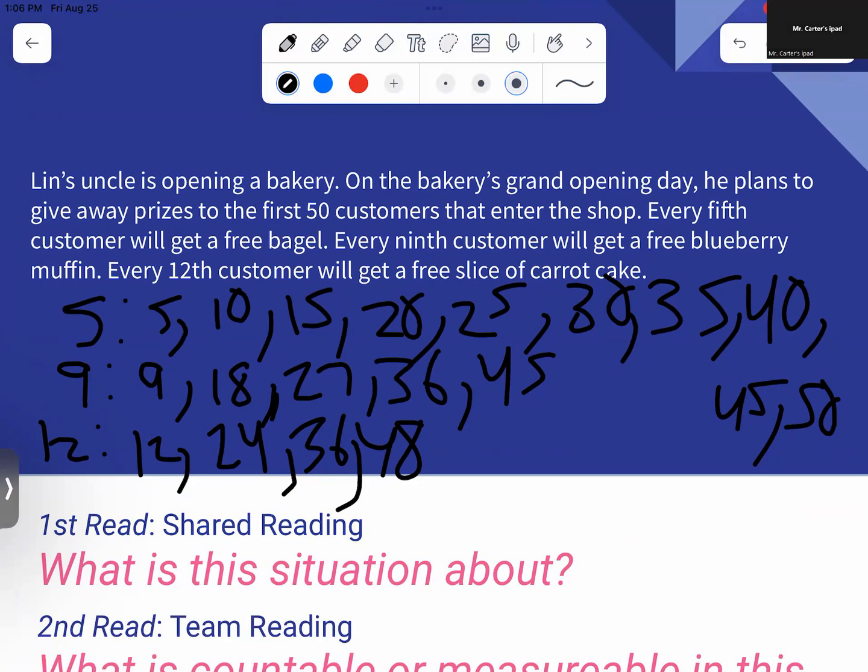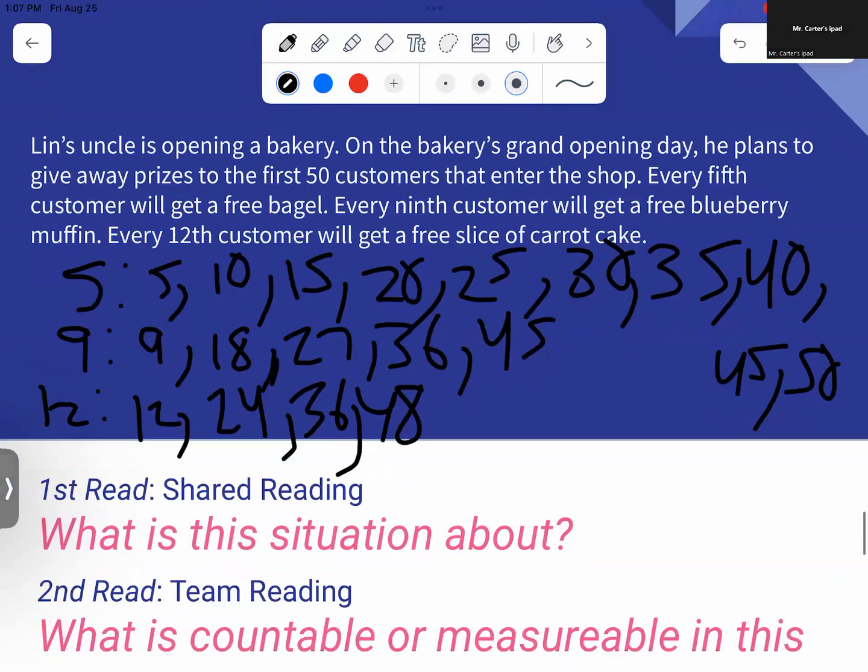Okay, so for example, if we're looking for the first person on here that's going to get all 3, well, we don't have them on here. We're actually going to have to go much further out than that. 36, 72, 108, maybe like 180 before you get all 3.